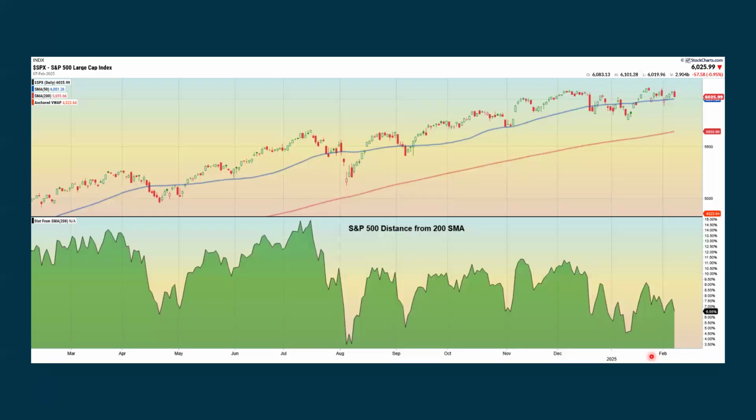Then we want to keep an eye on how far away we are from the 200 period simple moving average. That's the long-term trend, and we're above it, so we're green here. We're falling back a little bit. You might be tempted to say, well, look at this, we were up here and now we're down here, but the S&P has been going up. That's a negative divergence. That's not actually accurate because the moving average changes.